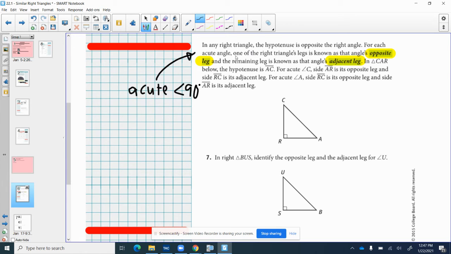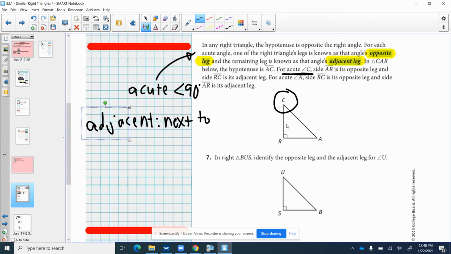If you pick one of these angles, there is a side opposite of one of the acute angles, and the remaining leg would be known as the adjacent. Another word for adjacent, again, means next to, right? It's been a while since we've talked about this vocabulary word. So if we look here at the triangle they're giving us, if we are looking at angle C, that's our reference angle.